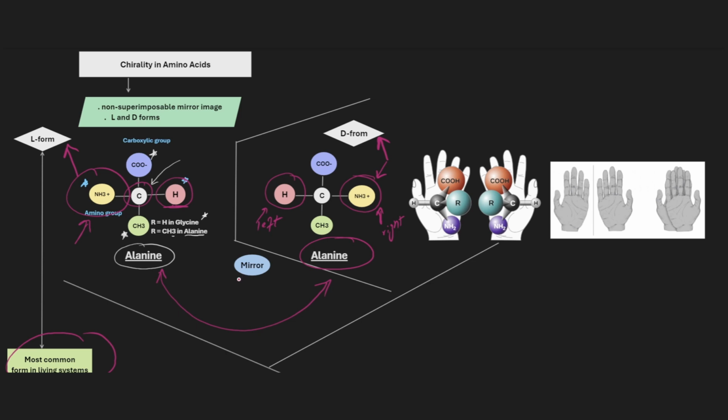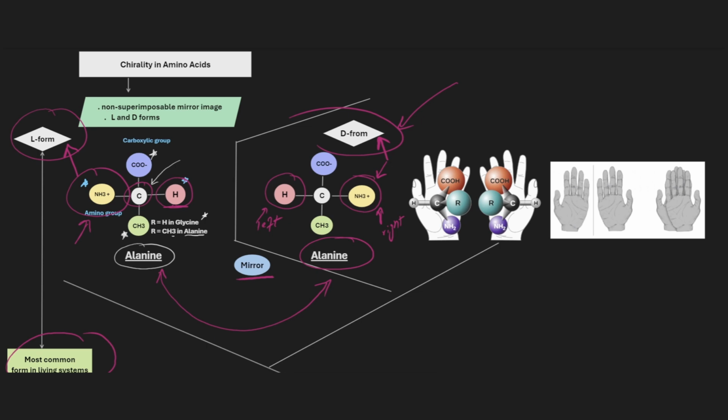Just to help you understand better, I have written it here as a mirror, as if the alanine is looking into the mirror, and this is the image of the alanine now, which is its D form. So when the amino group is on the left side, it is the L form of the amino acid. Whenever the amino group is on the right side of the chiral center or of the chain structure, it is the D form of the amino acids.